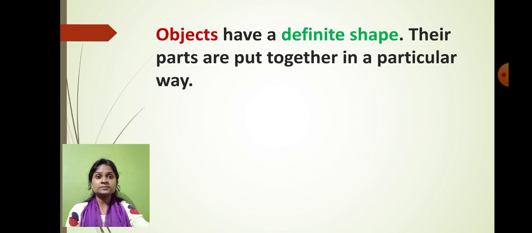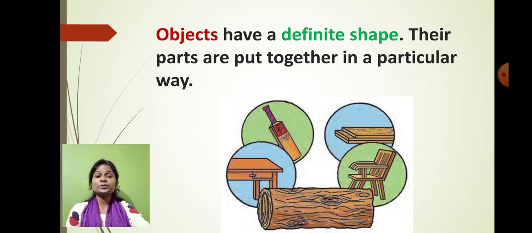What else have we learned? We have learned that objects have a definite shape and their parts are put together in a particular way, so we can get the object. There are different varieties of objects which we can make using any type of substance. Here we took the example of wood. When we rearrange the wood in a particular format, we get many useful objects.